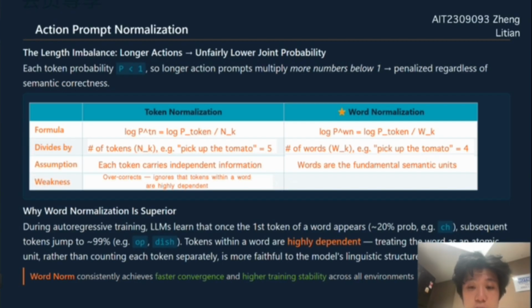Word normalization instead averages by the number of words, since LLMs often predict later tokens of a word with very high confidence once the first token appears. Word-level normalization better reflects the linguistic structure. Experiments show it provides faster convergence and more stable training.